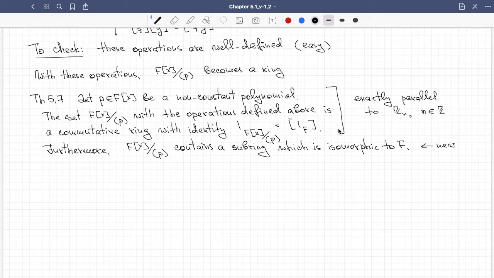Everything is the same as there, so nothing new besides the new last sentence. So let me comment about this last sentence. So, comments on furthermore.